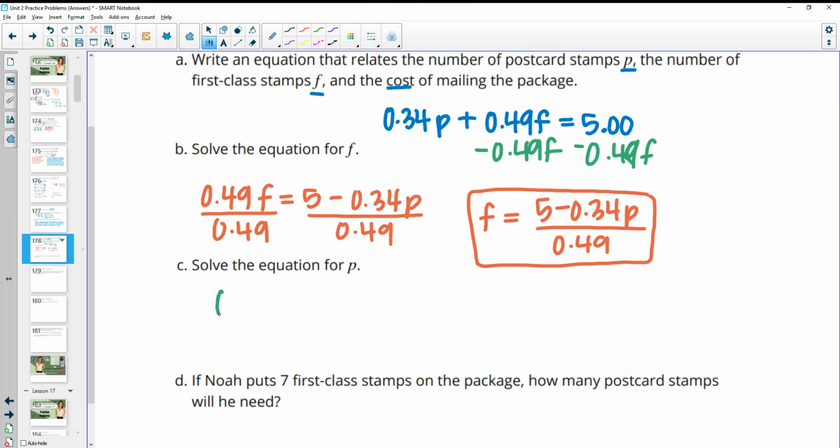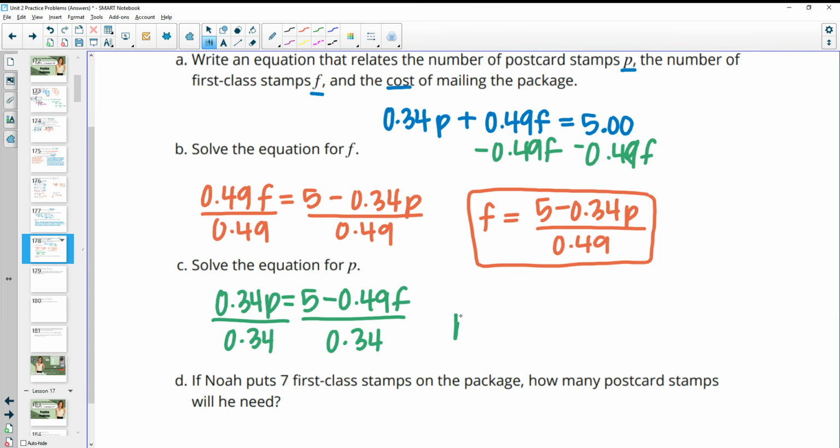So then we're going to be at 0.34p is equal to our $5 cost minus our first class stamps. Then we'll divide by the 34 cents. And that will get us our number of postcard stamps. So 5 minus our first class stamp cost divided by the cost per postcard stamp.